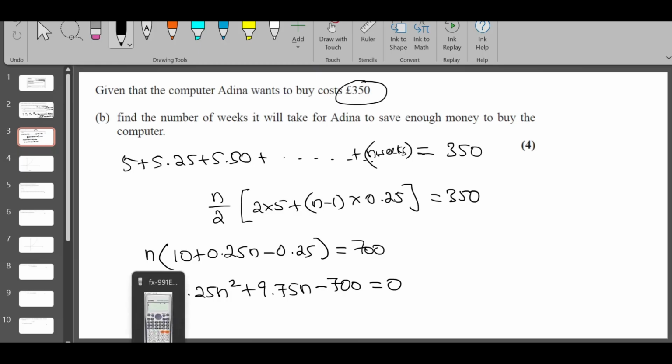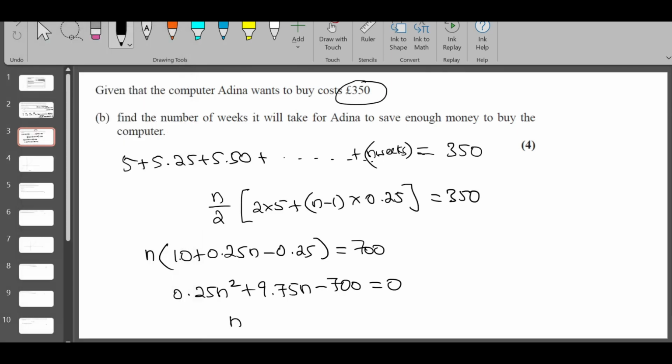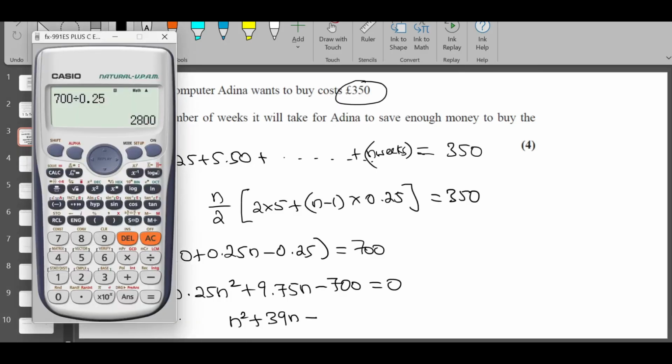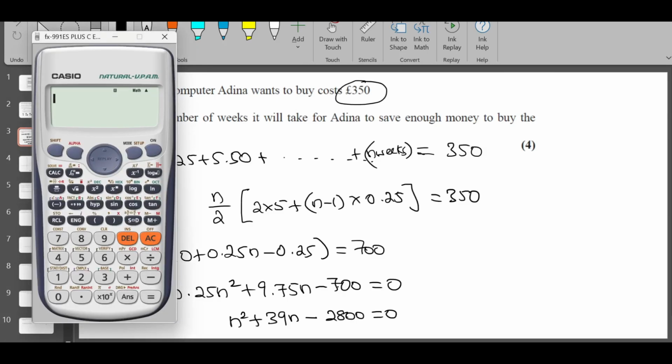Let's divide everything by 0.25. So n squared plus 39n minus 2800 is equal to 0.